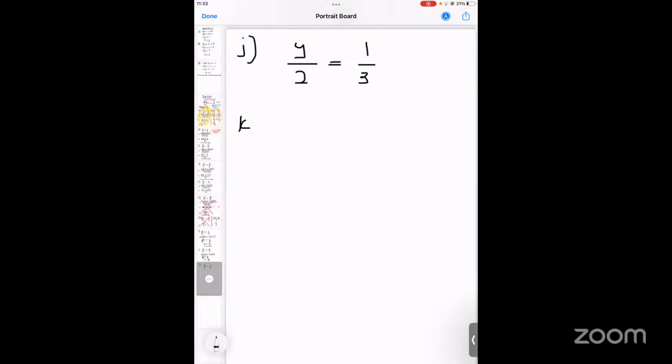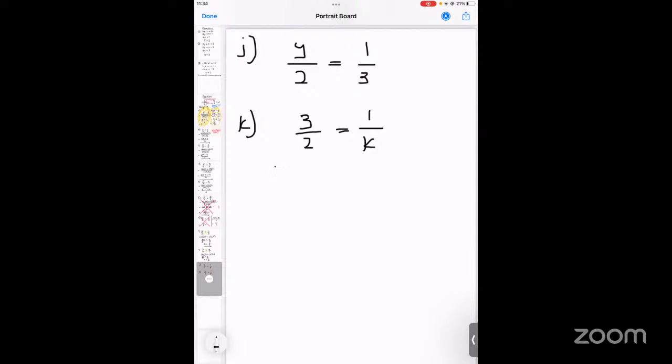Let's say for K, it doesn't matter if we've got 3 over 2, which is equal to 1 over K. Can you see this one, Manahil? The letter is there as the denominator. What we know is that we'll just have to cross multiply.